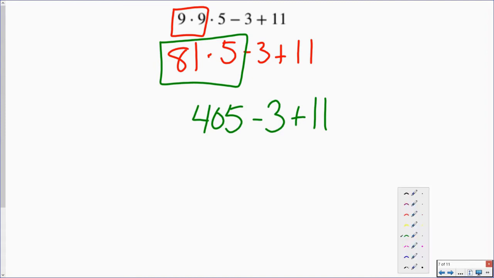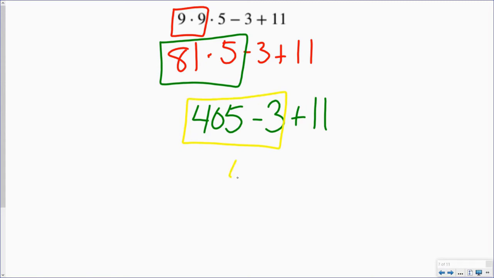Now I'm done with my multiplication and division. And so now I need to look at addition and subtraction. And again, I go left to right, whichever one comes first. Well, the first thing that shows up here is 405 minus 3, which gives me 402 plus 11.